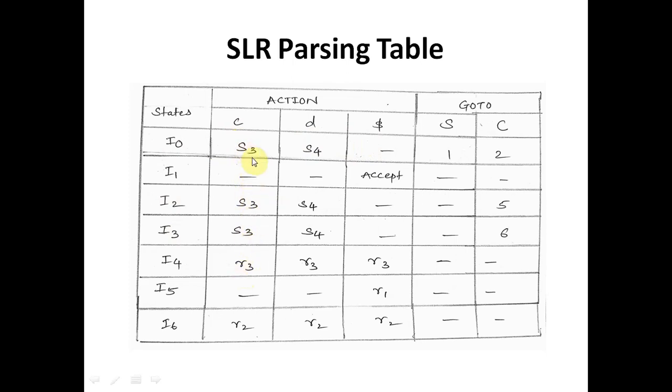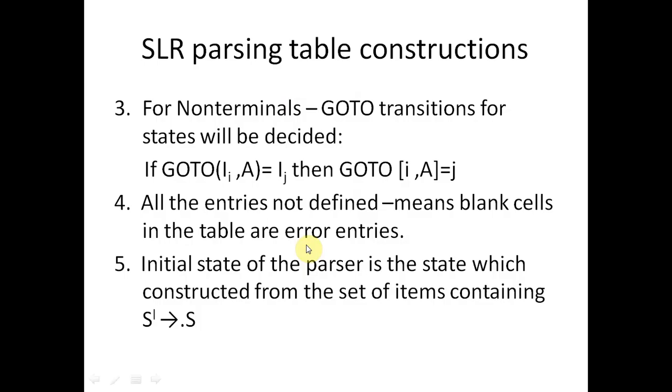So a shift and reduce conflict should not be there. Shift-shift will not happen because it is not an NFA, but shift-reduce may come. Because conflict will create a problem at the time of parsing, and if such a conflict occurs, then you have to declare that the grammar is not suitable for SLR. Okay, so now we have completed the action part, all the rules.